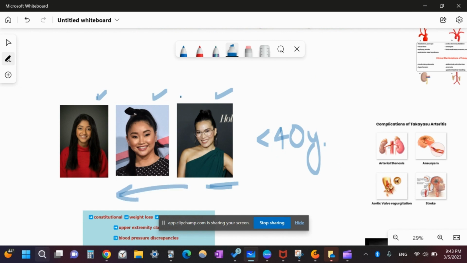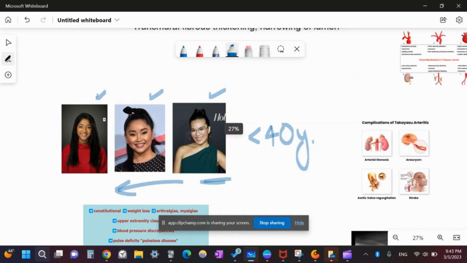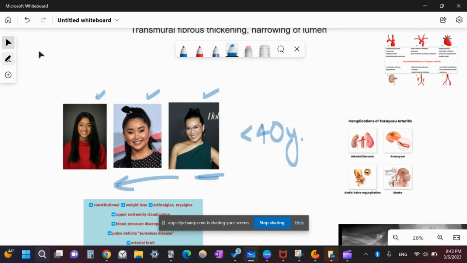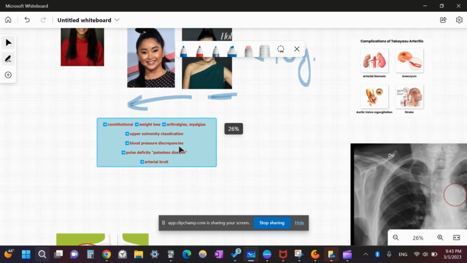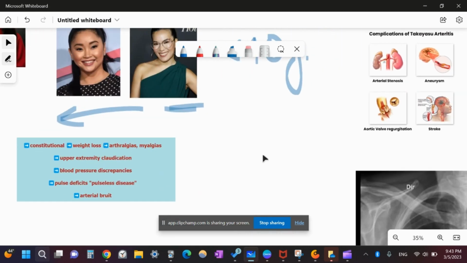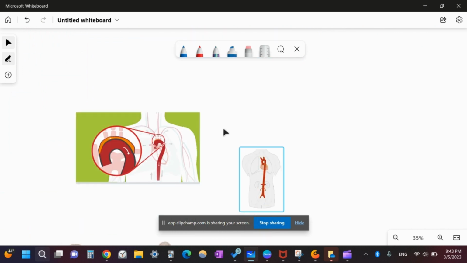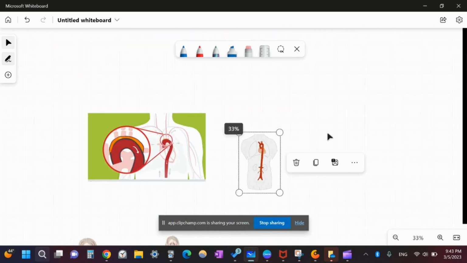Okay. So what does it present with, right? With Takayasu, you're going to see all of these features. So first of all, let's talk about what part of the body it affects.